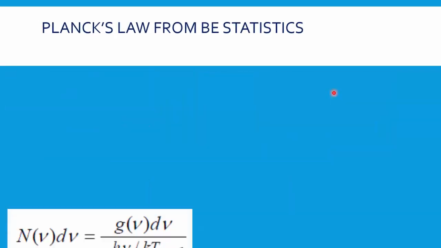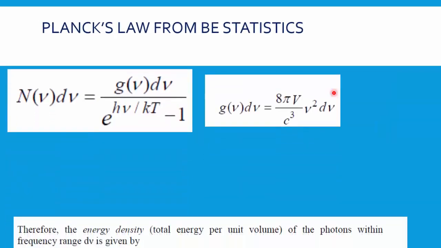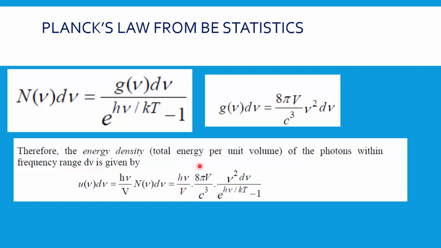After substituting the value of g nu, I get 8 pi V nu squared d nu over c cubed, times e to the power of h nu by kT minus 1.